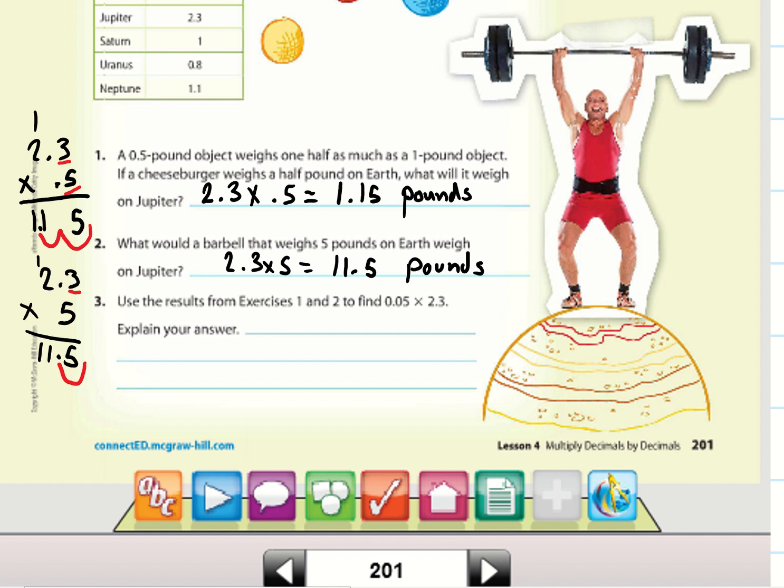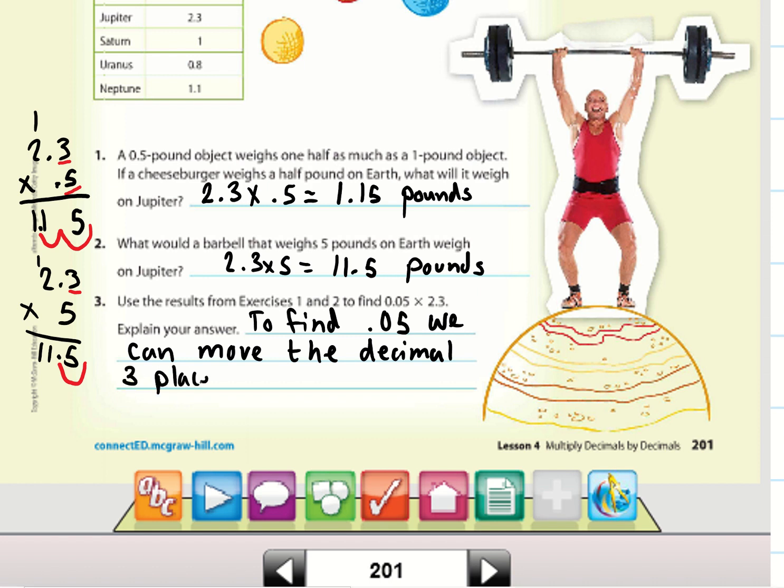So, based on this information, to find 500th, we can move the decimal three places from the right.